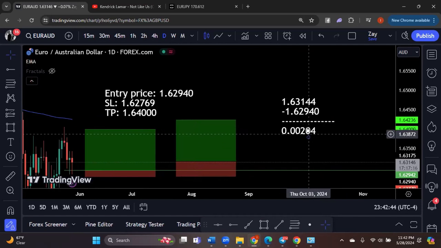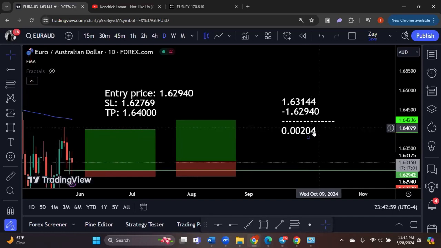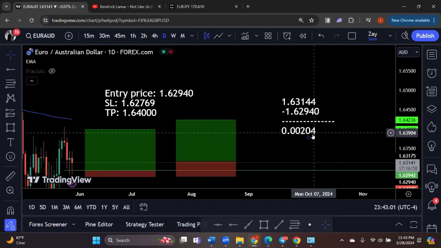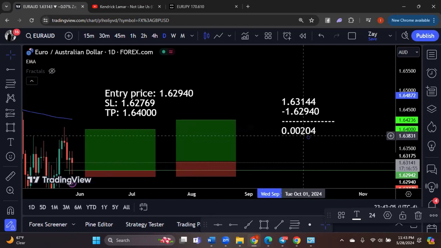So anytime this fourth digit goes up, 1, 2, 3, 4, so this is 20.4. So this is 20.4 pips, right? 20 pips, point 0.4, which is the pipette. It's kind of like the last digit that really doesn't matter that people just knock off. So really you say we're up 20 pips right now from entry.